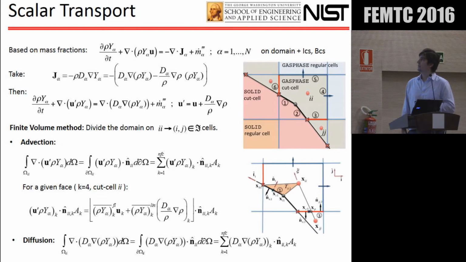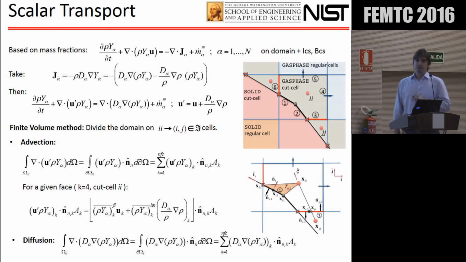And this is the same transport equation for each of the species, and it's put in a format that is easier to discretize when we are using implicit schemes. And I'm going to comment a little bit on that later.